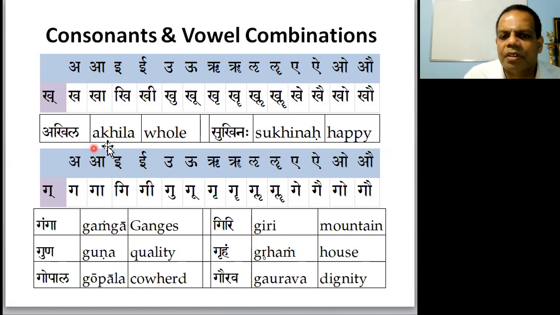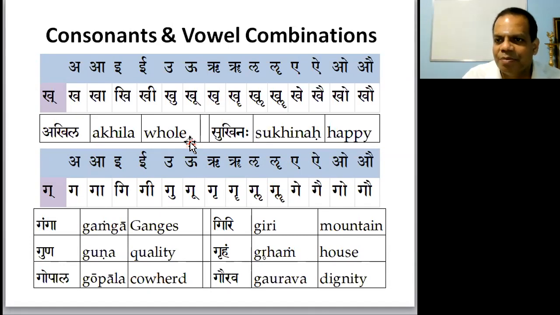Akhila means whole. Khila means something which is broken, or which is cut, or which has a breakage. Akhila means it is without any breakage or any separation. So that's why it's called whole.